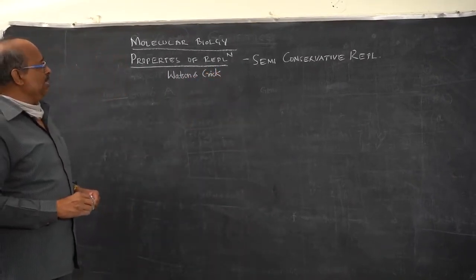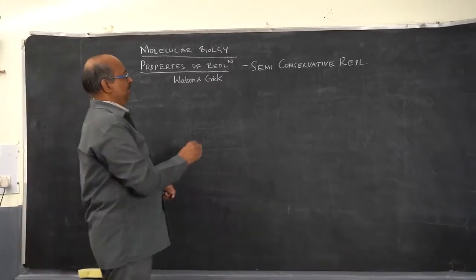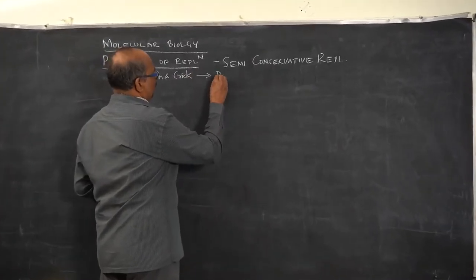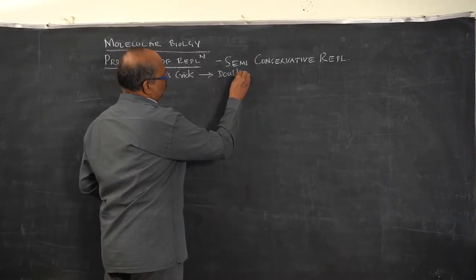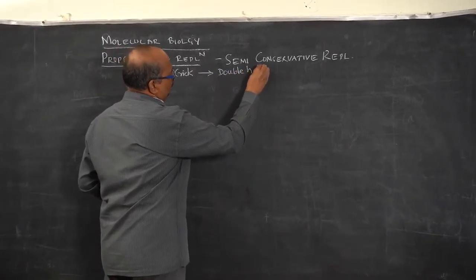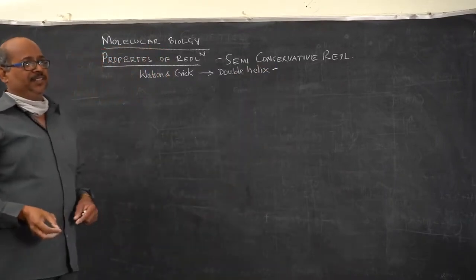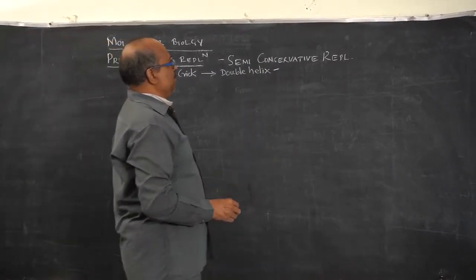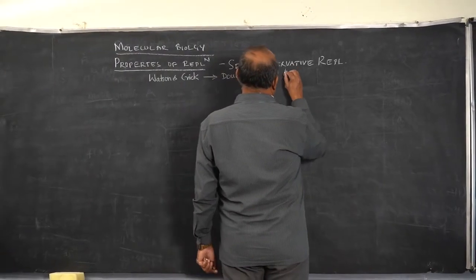When they gave the double helix model, in the double helix model, they proposed that because the two strands of DNA are complementary, there is a possibility of semi-conservative replication.